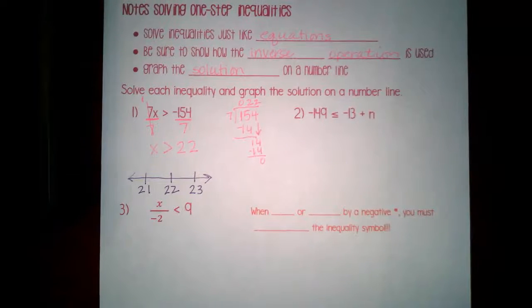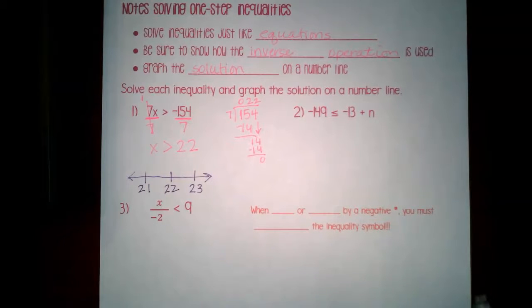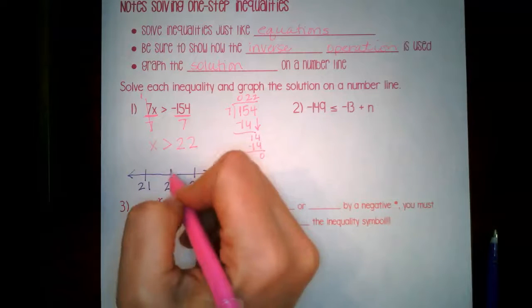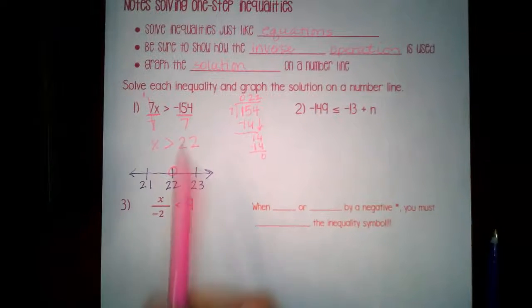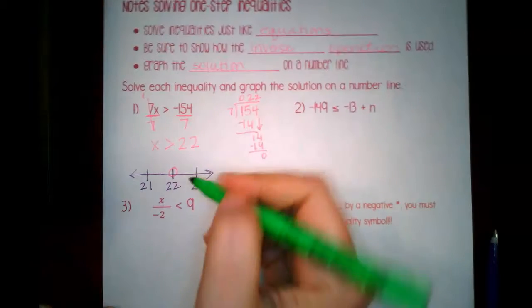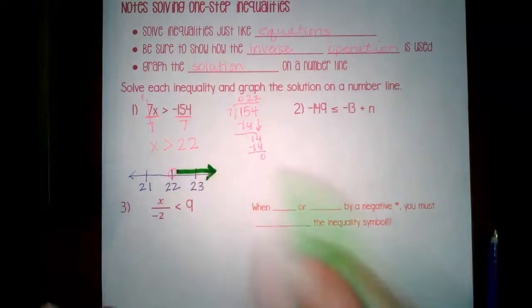Alright, do we need to put an open or closed circle? Well, I hope that you said open because it isn't equal to 22, but we want as close as possible to 22. And now this says x is greater than 22, so we're going to shade in the direction where all the numbers are greater than 22 and include that arrow.